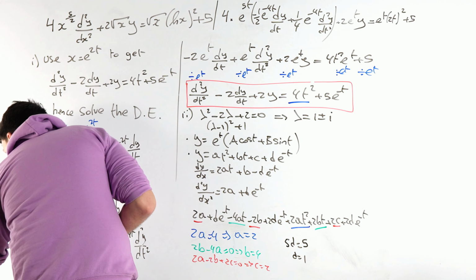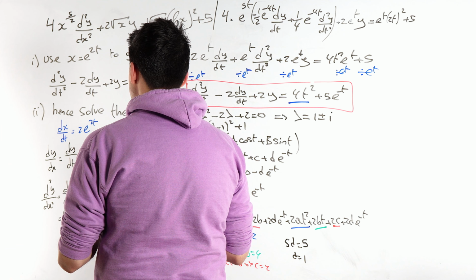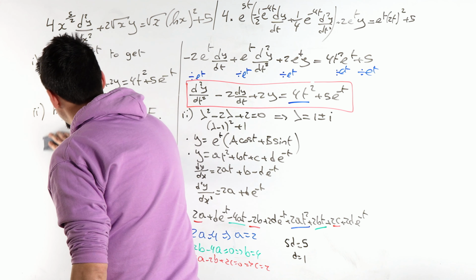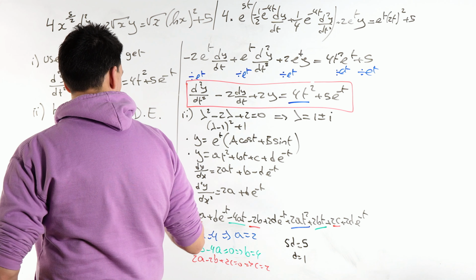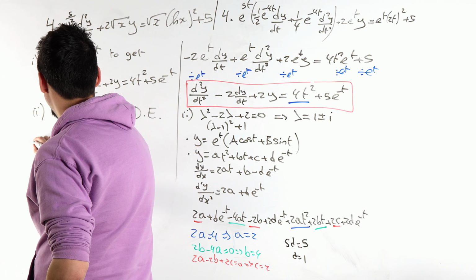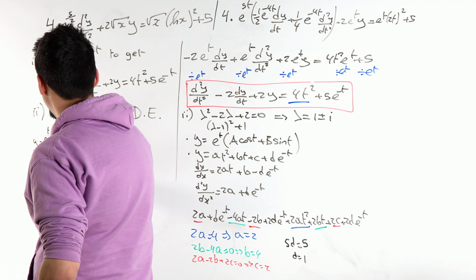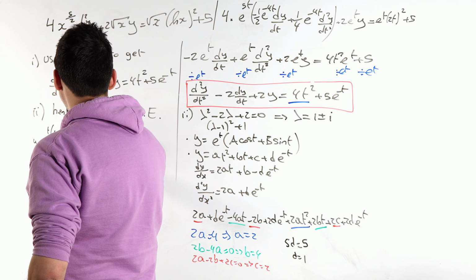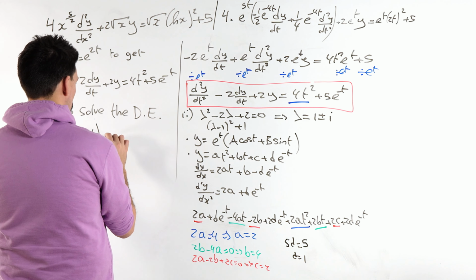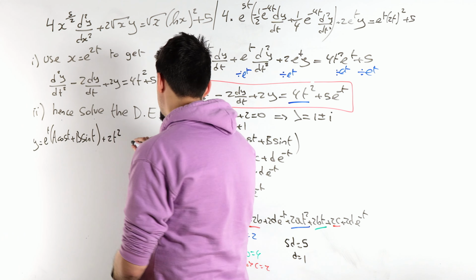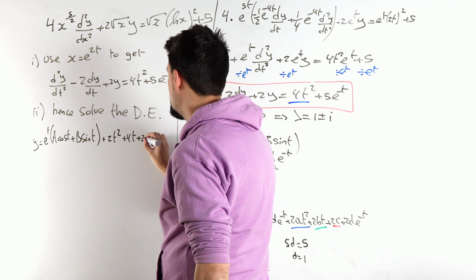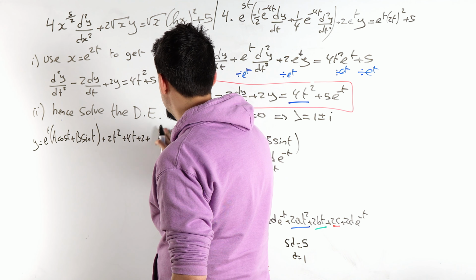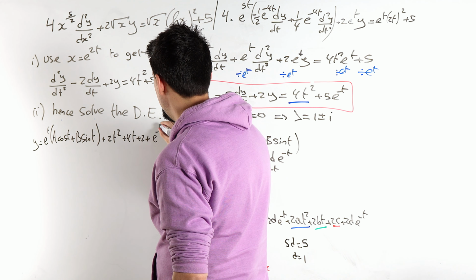Okay. So let's put all of that together. And I'm going to use this side here. We end up with y is equal to e to the t, a cos t plus b sine t, plus 2t squared plus 4t plus 2, plus just 1 e to the minus t.